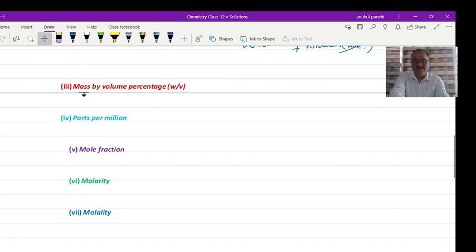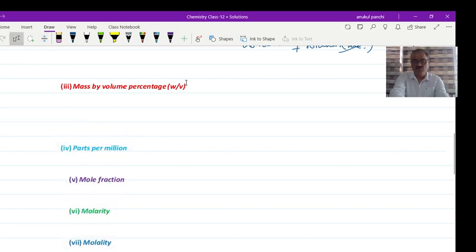Now guess when this method has to be used. When we use this method of mass volume percentage, can you guess? Mass is there, volume is also there. When to use this method? Of course, it is used when the solution has one component as solid and the other component as liquid.